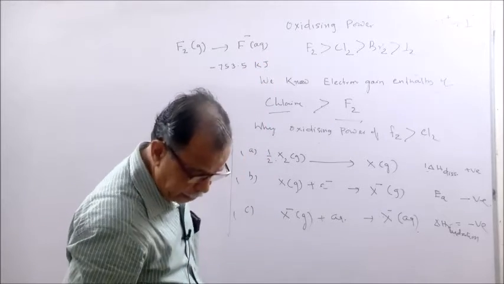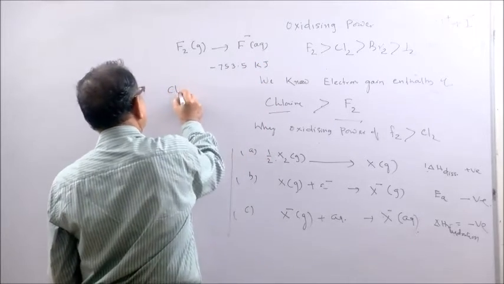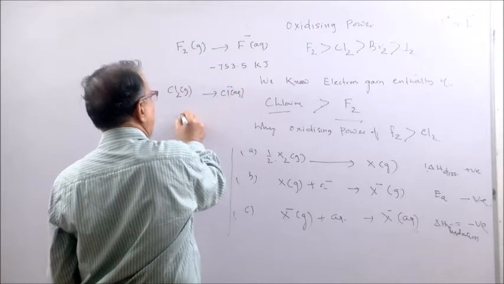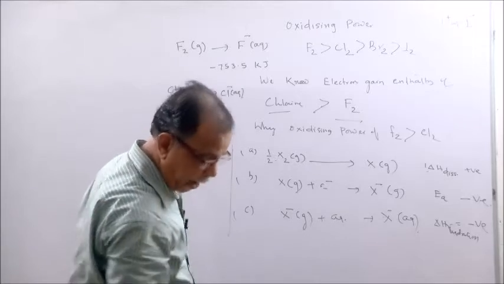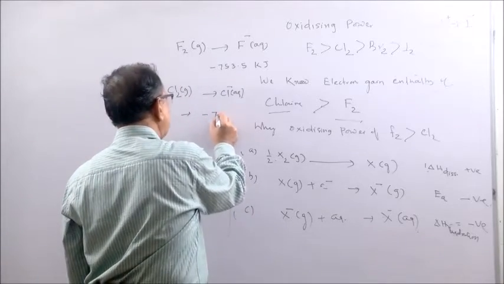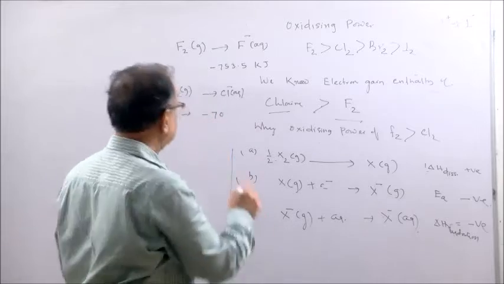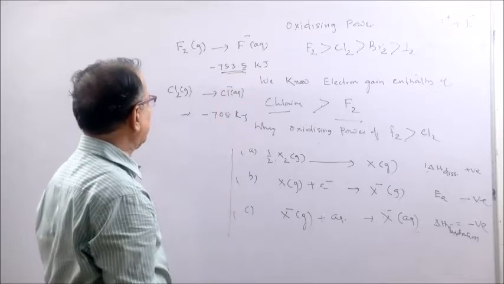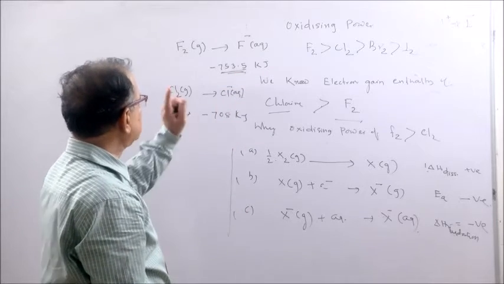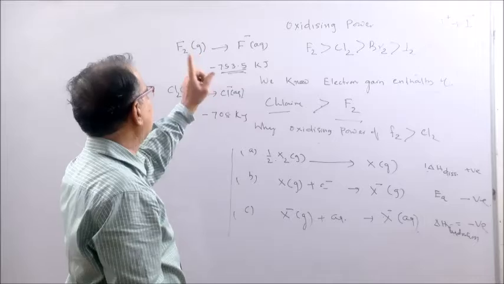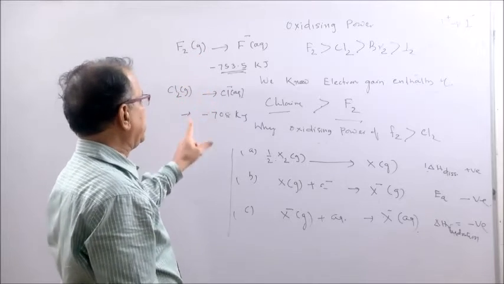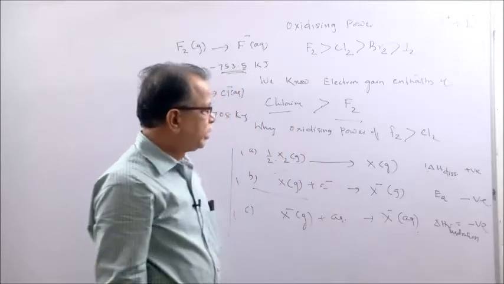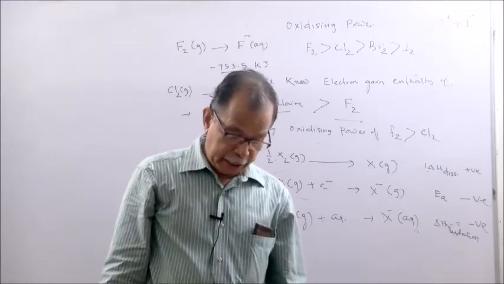For chlorine, Cl2 gas forming Cl minus aqueous, the value is minus 708 kJ. So from the values 753 and 708, fluorine has more oxidizing power than chlorine. It does not depend only on electron gain enthalpy; it depends on dissociation, electron affinity, and hydration.